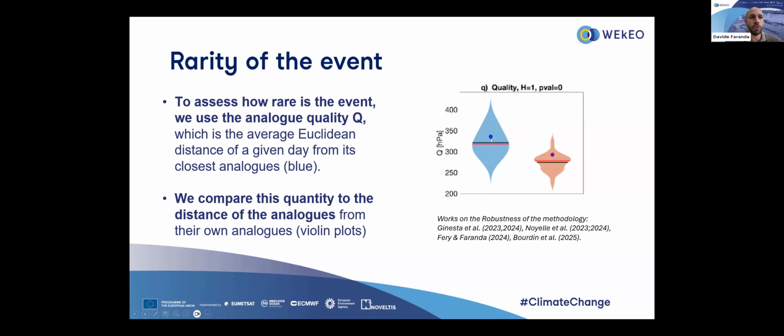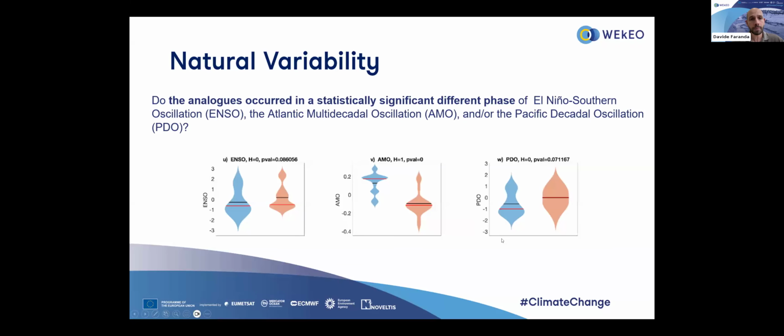As you can see, if the blue dot, like here, is inside the distribution, we can see that this event is not exceptional, so we have good analogs, and therefore we have high confidence in the kind of results that we have produced. We have robustness of the methodology that has been explored in the work that you see cited here.